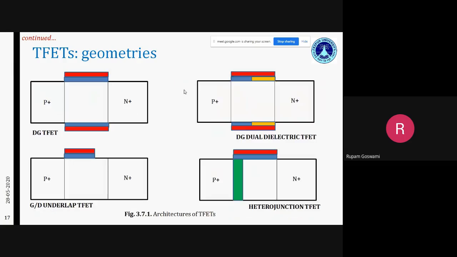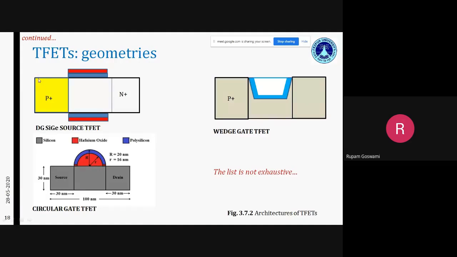Instead of putting a layer of silicon germanium just after the p-type source, which may cause some problems or inconvenience in fabrication, you start with a p-type source which is wider in dimensions, and then you can fabricate this TFET, which is expected to give you a higher tunneling probability because of the modulation of the band gap due to the silicon germanium source.